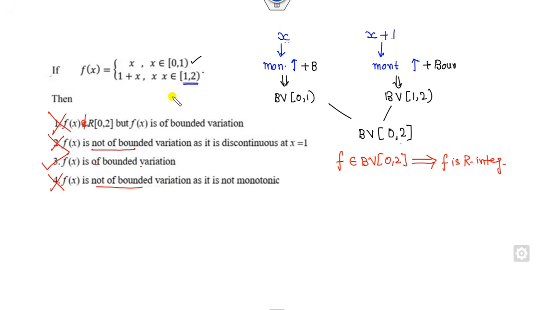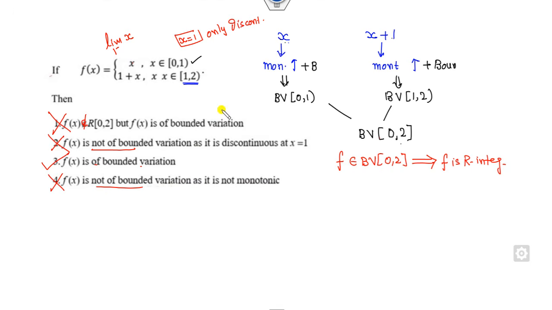And you can see what the discontinuity is. You can clearly say the limit as x approaches 1 from the left is 1, so x equals 1 is the only discontinuity point.